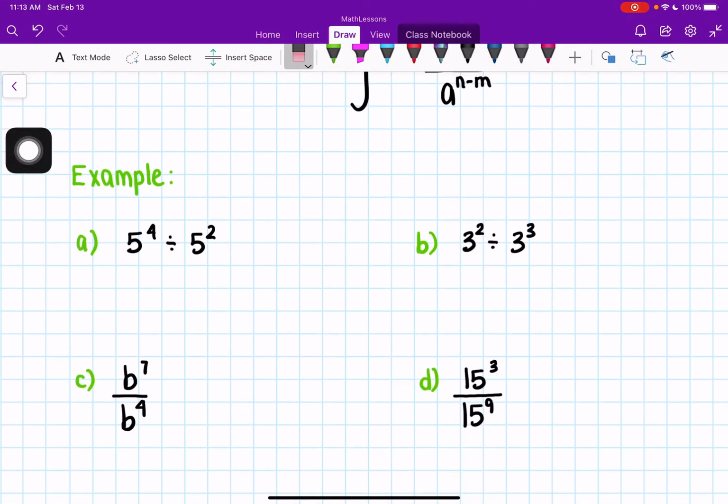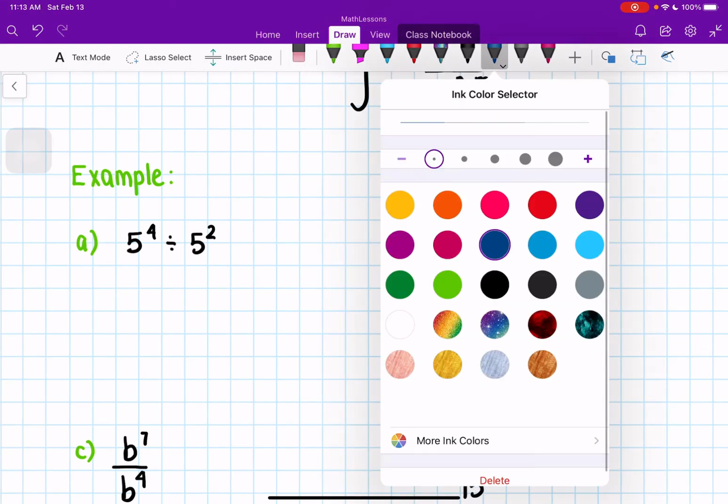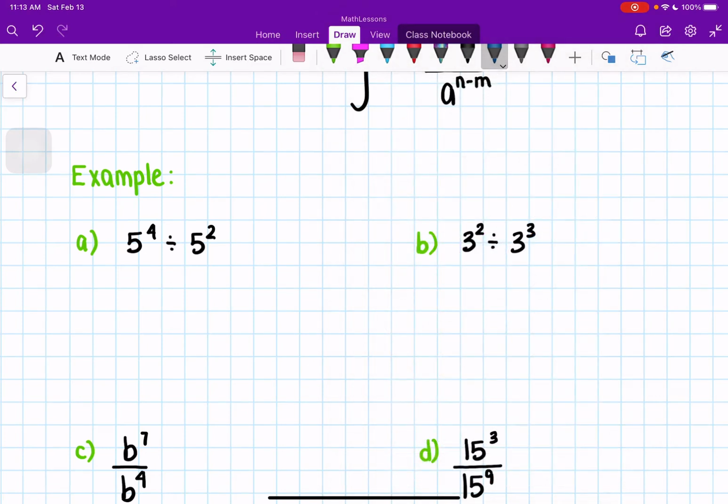So here we have same base division, and it's written in a horizontal format. So we're going to change that just so that we can see things better.